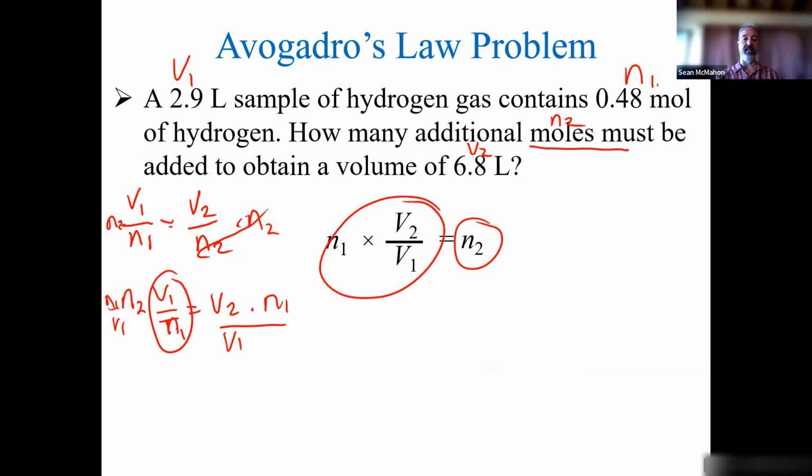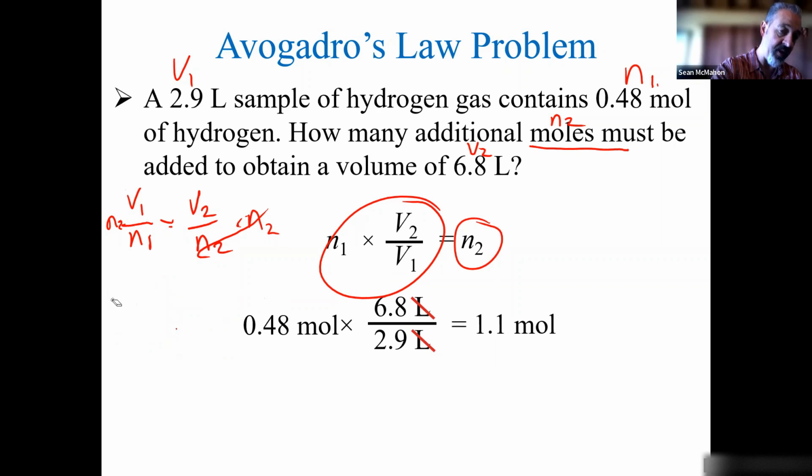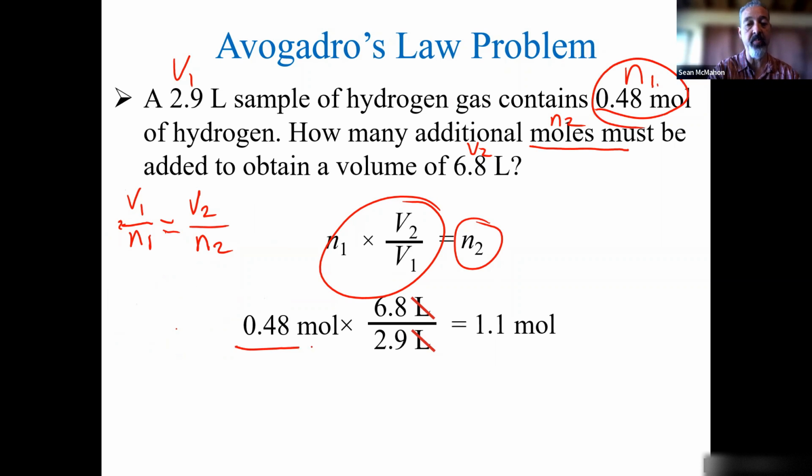Now, again, if you don't like that, you can just plug in everything without doing the algebraic manipulation. I'm just showing you the algebraic manipulation. You can plug it in directly into this equation here, if it's easier for you. So my N1 was given, 0.48 moles.